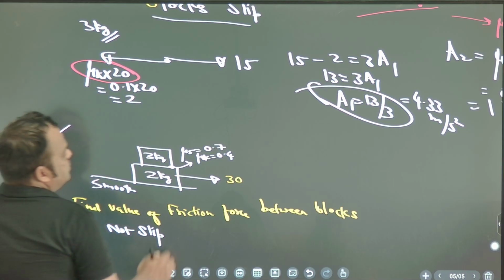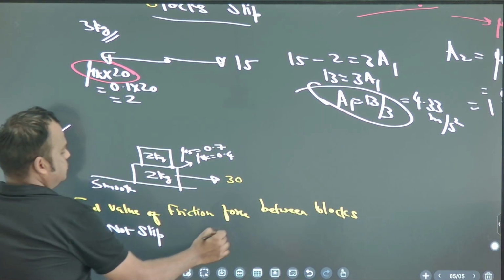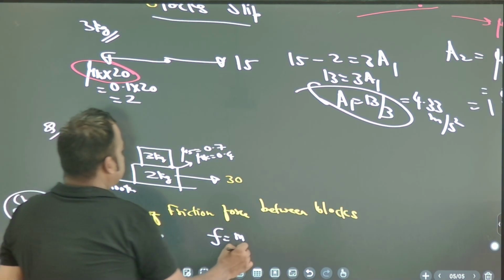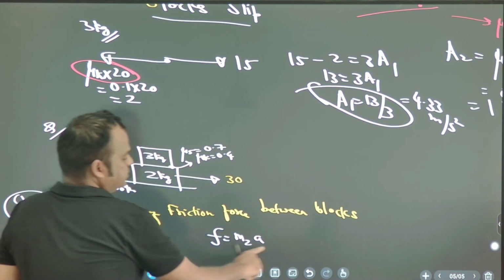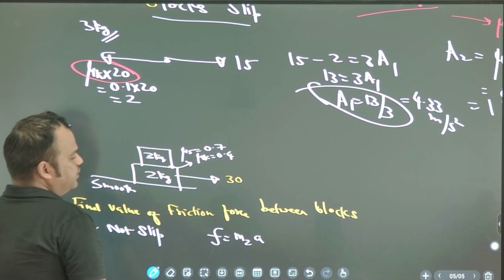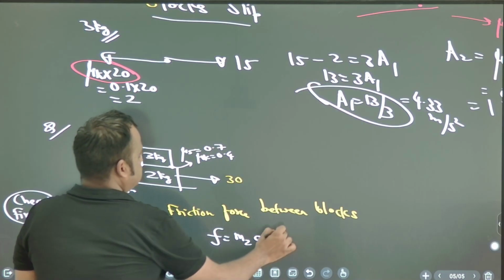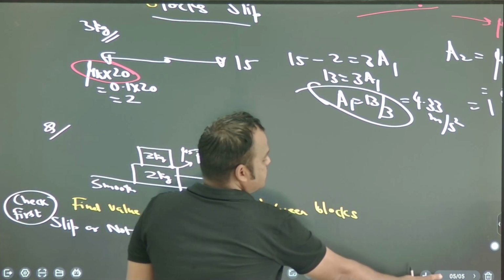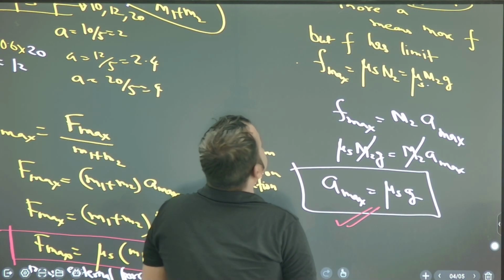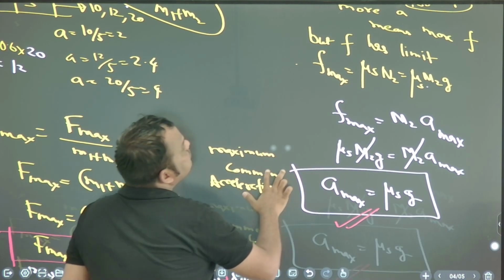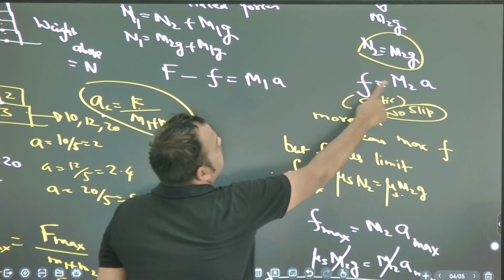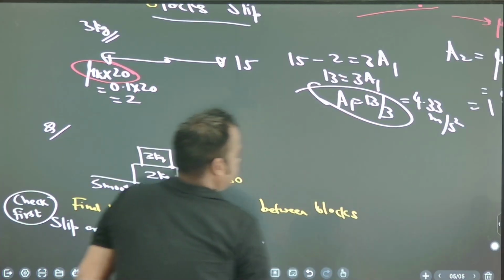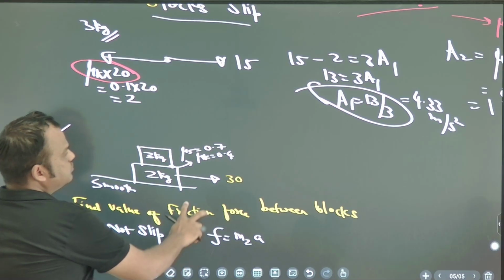6. Correct. And what is the value of friction? Friction is M2 A, correct? Friction is M2 A when no slip. Remember? Friction is M2 A when no slip.